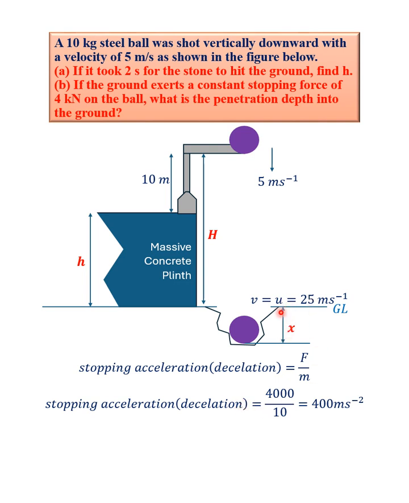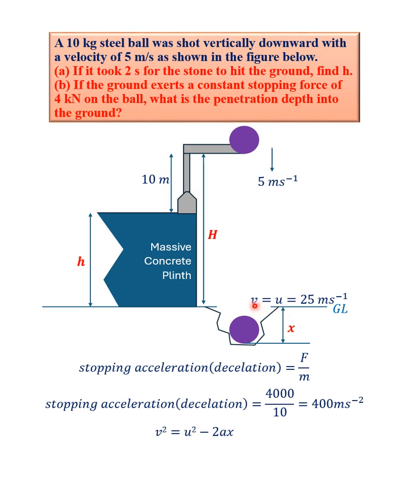So let's just calculate the stopping distance x using the equation of motion that says v square equals u square minus 2ax, where v square becomes the final stopping velocity, which will be obviously 0 because the ball has stopped. U squared becomes the initial speed, which will be the speed with which the ball hits the ground. So if this is the start of the second phase of the motion, that becomes the initial speed.